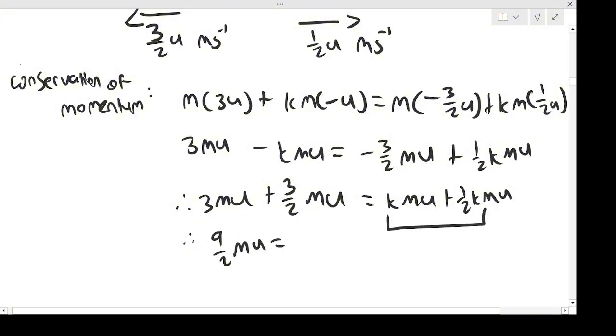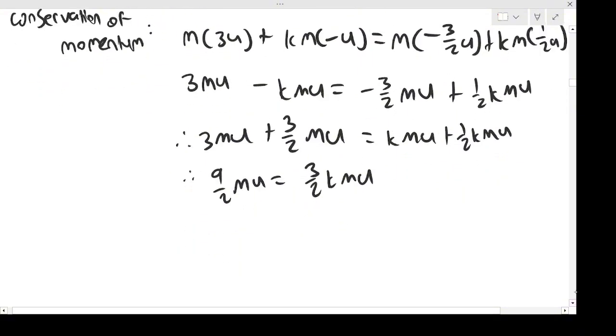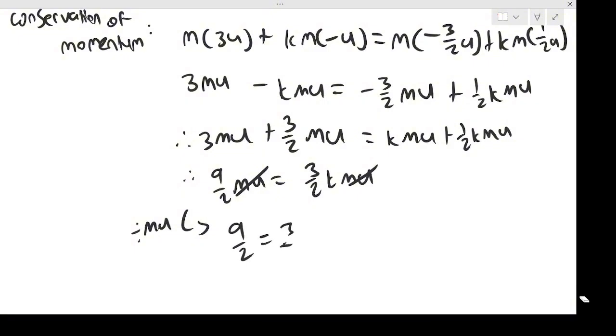Then k lots of mu and a half k lots of mu is 3 over 2 k lots of mu. Hopefully happy with the algebra here. So then I can cancel the mu's on both sides, divide by mu, to get 9 over 2 is just 3 over 2 k.